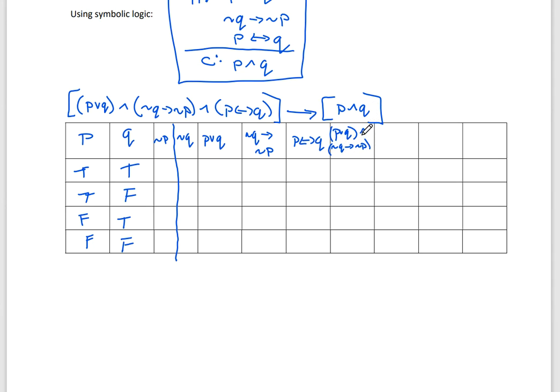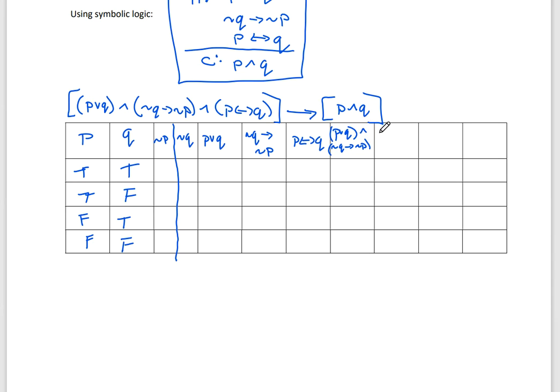And because I'm connecting all of them with and, I'm looking for the case when all of them are true. I'm going to put all of them in one. P and Q. Actually, no, we have enough room now. Do those two.